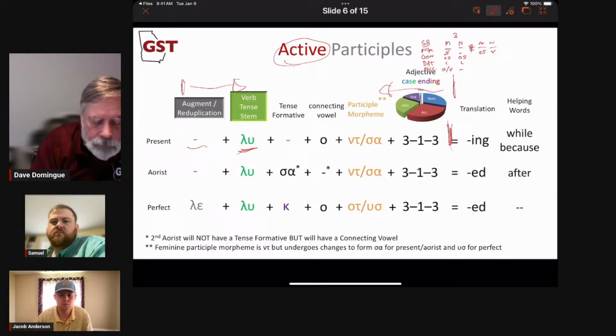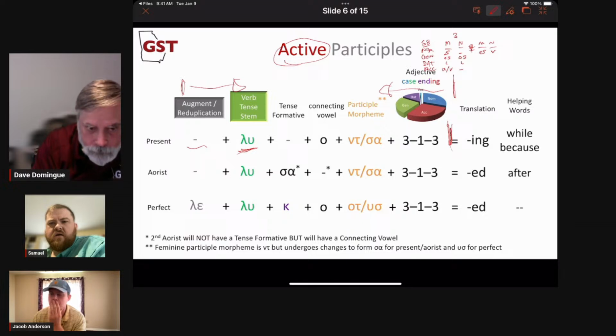Why do we know it's an active voice participle? How do we know it works the same way? Because it uses... Uses what? Well, I remember doing the... I can't remember if this is the homework or the quiz.